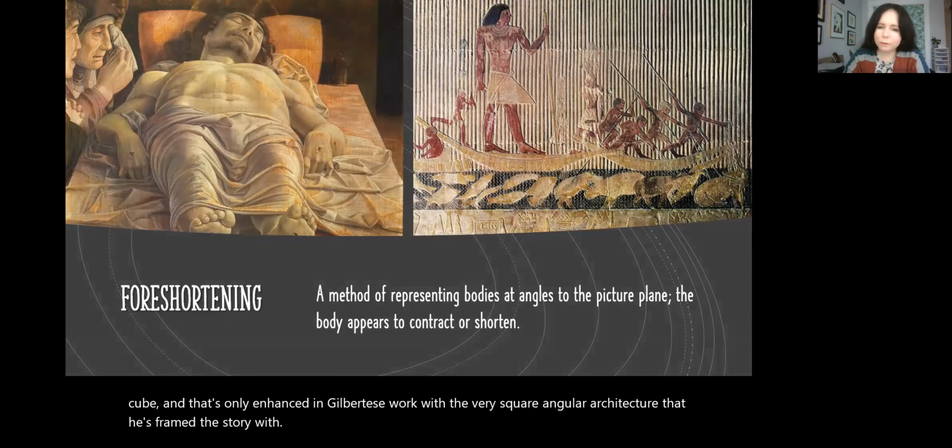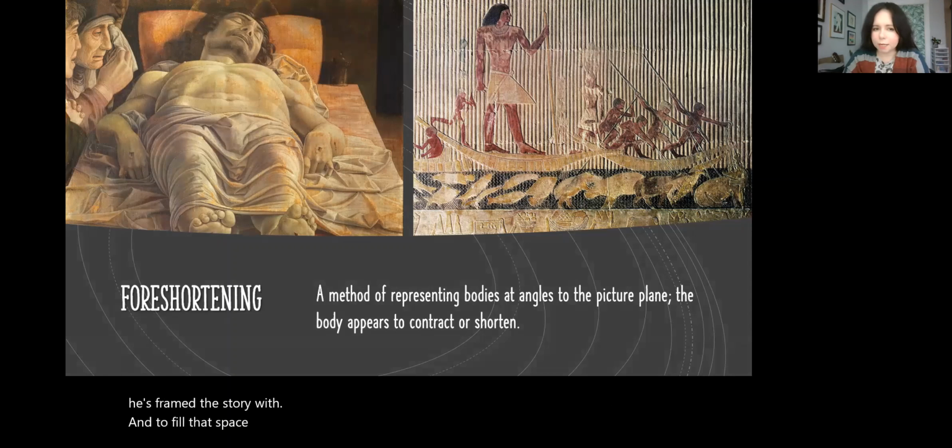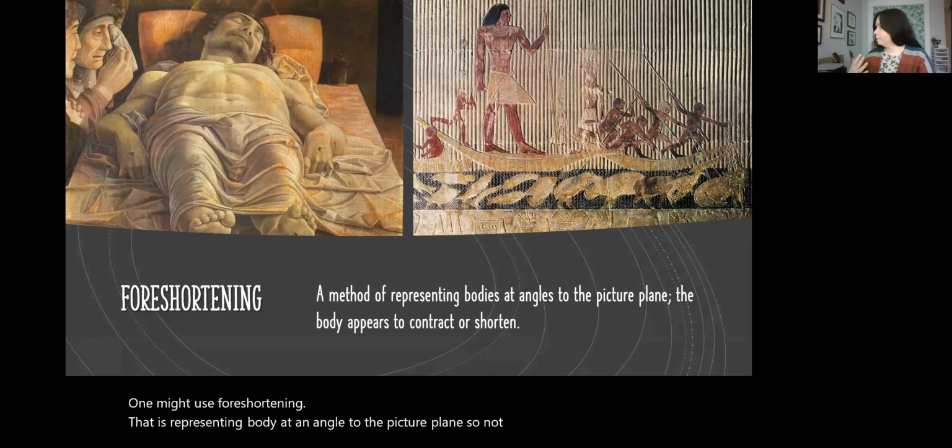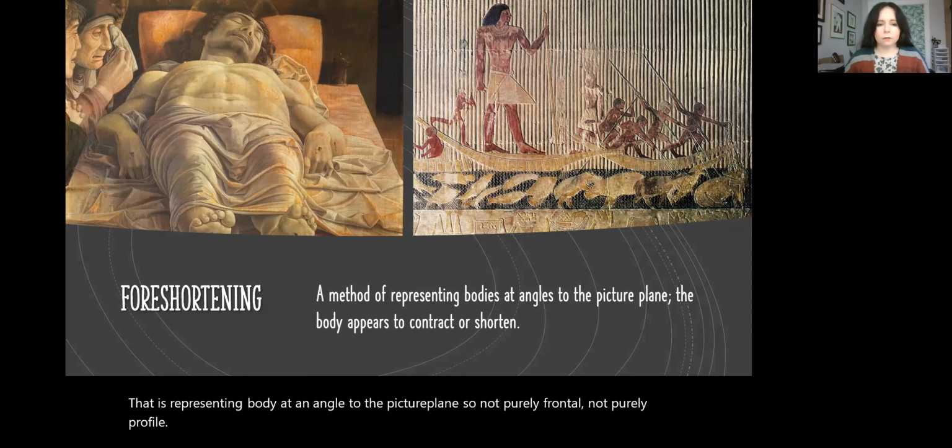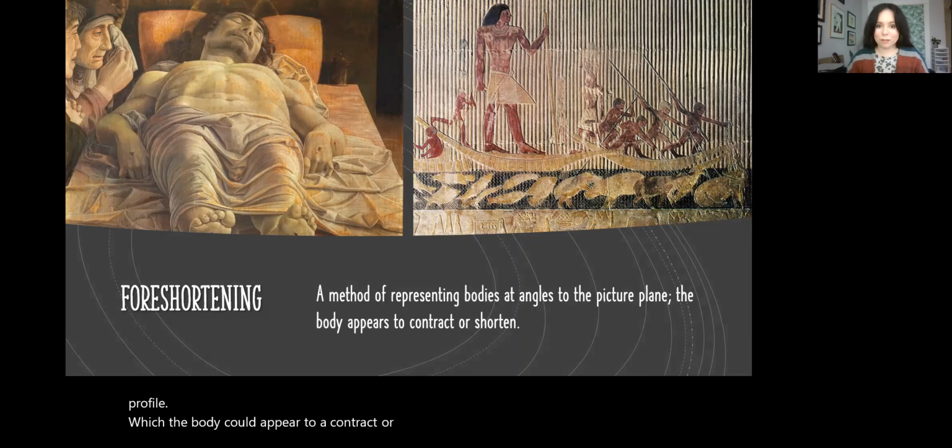And to fill that space with realistic looking bodies, one might use foreshortening. That is representing a body at an angle to the picture plane. So not purely frontal, not purely profile, in which the body could appear to contract or shorten. One very extreme example is Mantegna's foreshortened Christ.